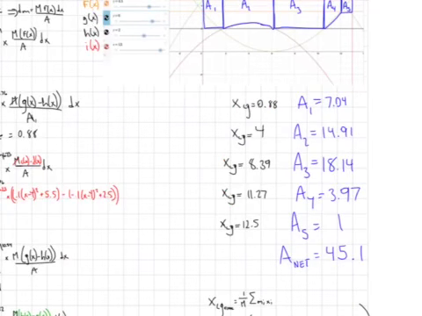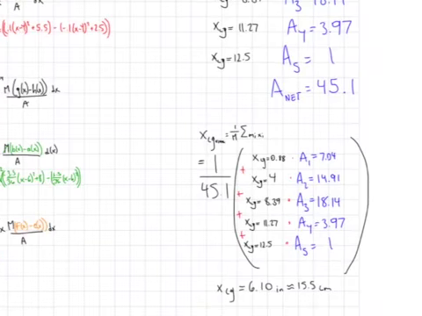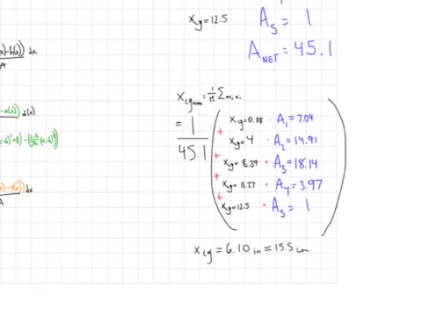And so now that I have all the center of gravities of each section and the areas, I could put them together to find the final center of gravity for the entire bottle.